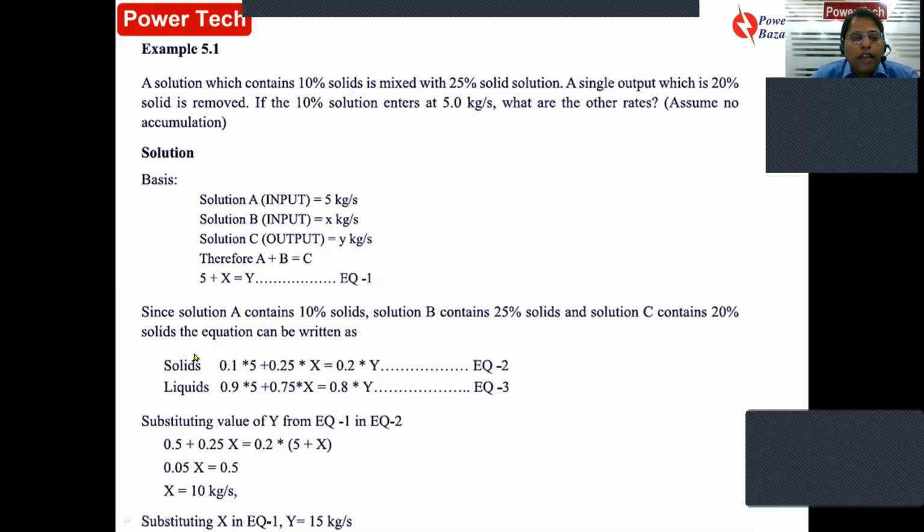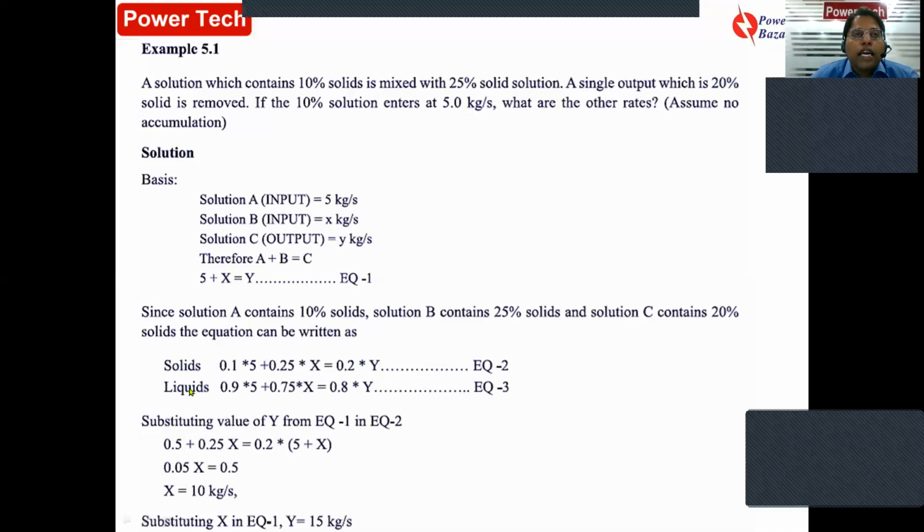So, if I balance the solid, or do material balancing as far as solid is concerned, what can I write? 0.1, 10%, into 5 kg per second, plus 0.25 into x, is equal to 0.2 of y. These are the material balance equations for solid.